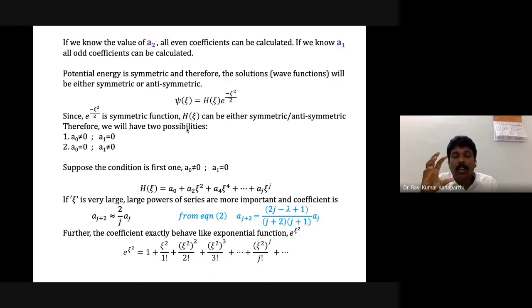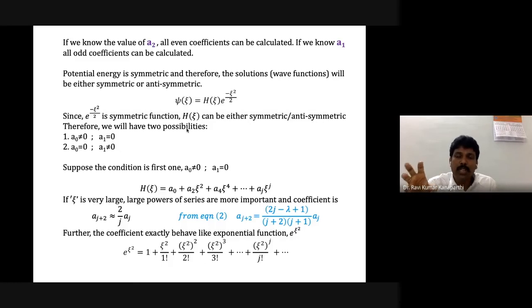Now, we are thinking of a situation where z is very large. If z is very large, it means large powers of the power series are very important. That means the higher values for j are actually considered.